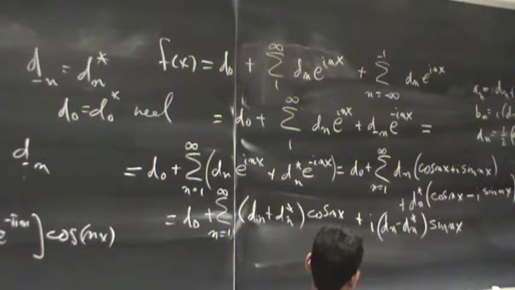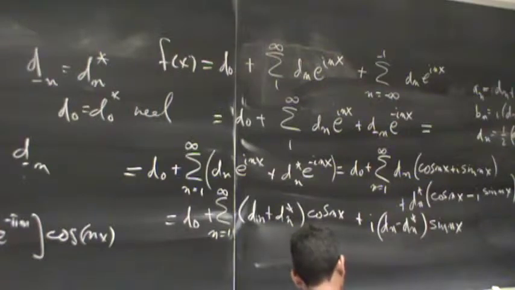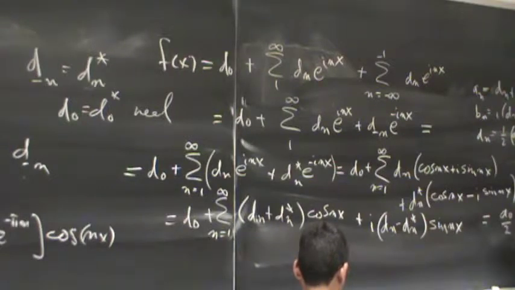In other words, you use these two definitions and you can recover that expression. Okay, so when we do that, this Fourier series becomes a0 over 2 plus a sum n equals 1 to infinity of an cos nx plus bn sine nx.